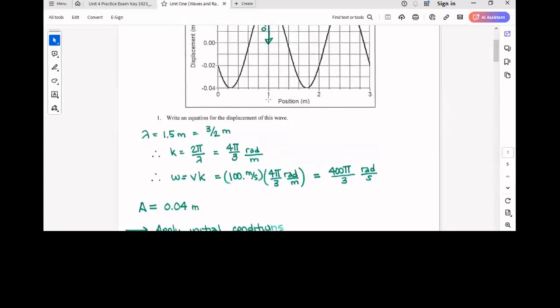Now, bear in mind, if you had centimeters on this horizontal axis, you could have come up with a different wave number because your wavelength would be different. However, omega is going to be the same value, regardless of whether you determine this in centimeters or meters.